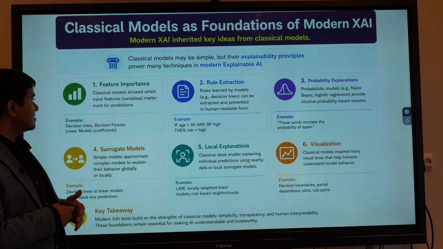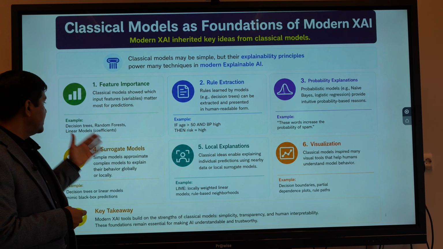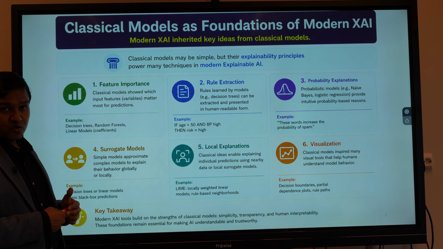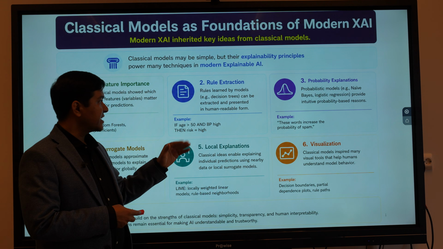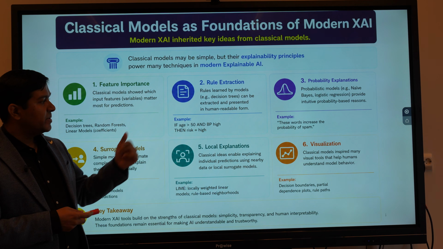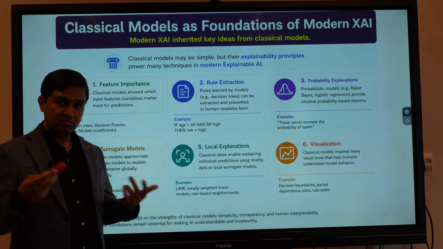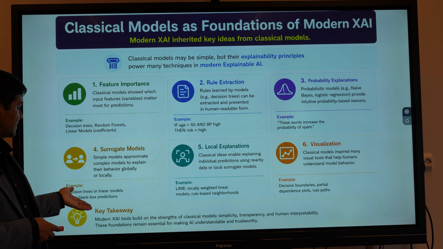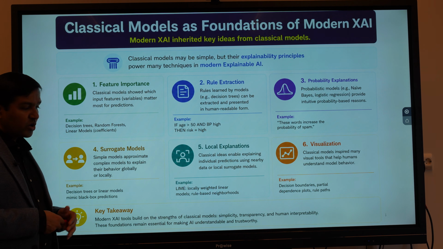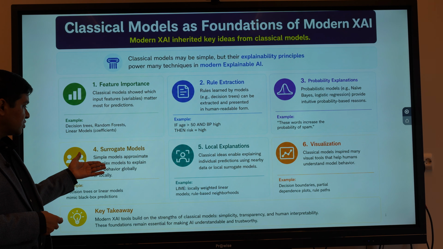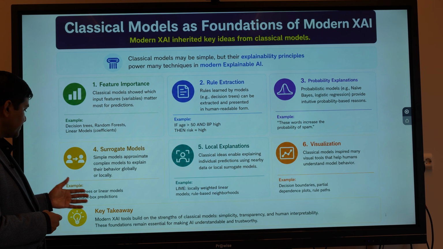Feature importance has been used for decision trees, random forests, and linear models as coefficients. Rule extraction got its place in decision trees. Probability explanation uses Naïve Bayes and logistic regression. A simple model, or multiple models combined, can be used to explain a complex model.